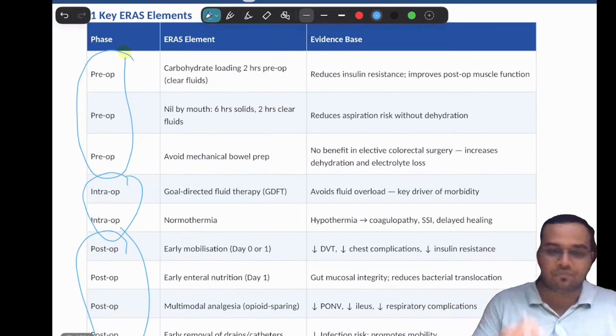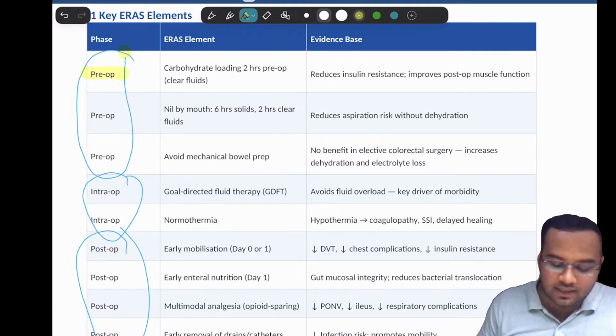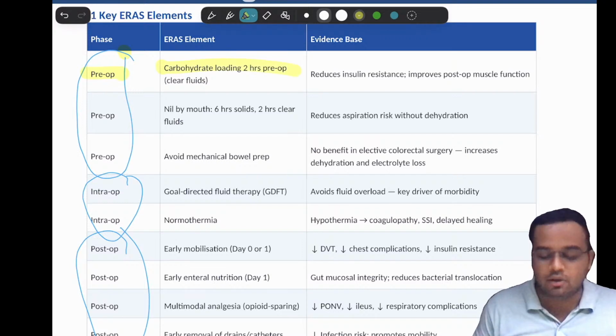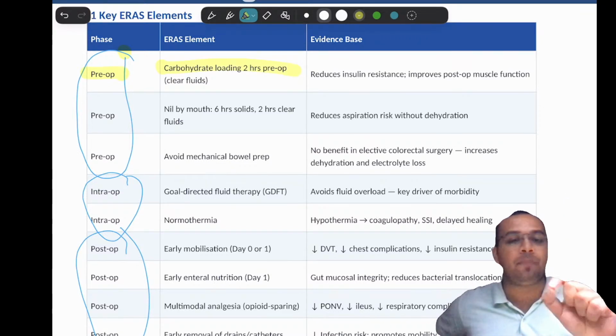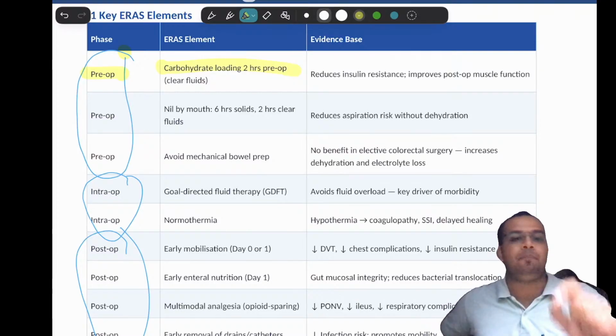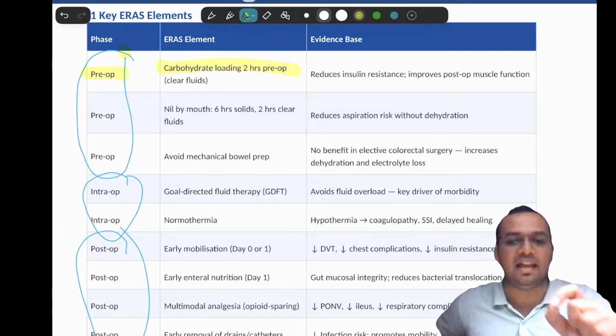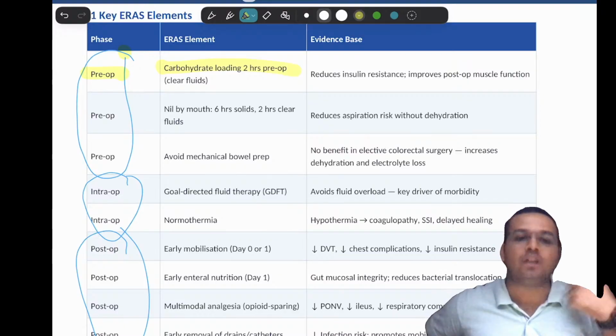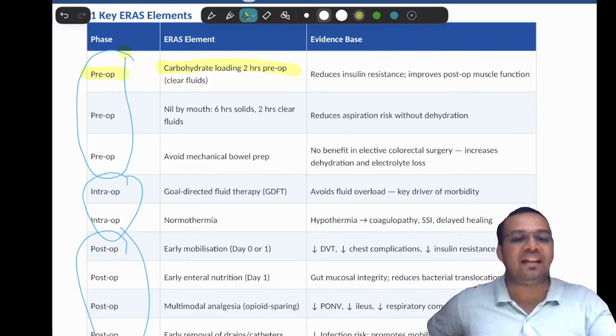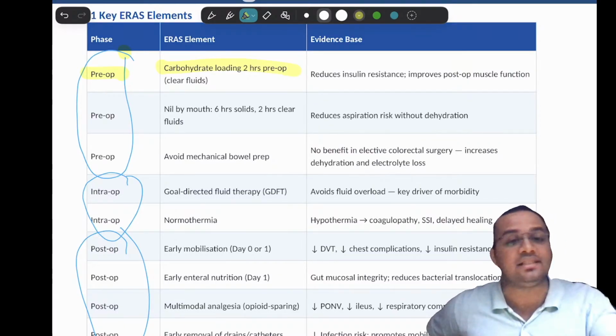So what is the pre-op component about? The pre-op component is when you are going to give carbohydrate loading. What is the mechanism of carbohydrate loading? We already saw that when the patient is going to undergo surgery, the patient's body is trying to become hyperglycemic because the brain needs more glucose. The fats are going to be broken down, and the insulin resistance is going to increase.